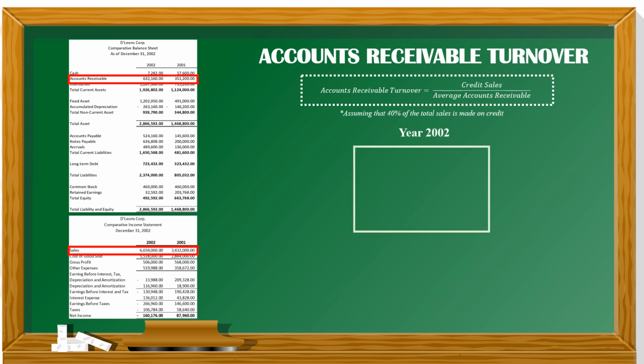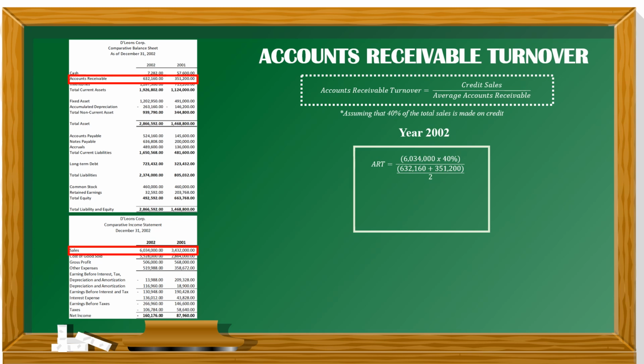Now, we're going to compute the accounts receivable turnover for the year 2002. So here we will first get the 40% of the 6,034,000 total sales in 2002, and then the average accounts receivable, which is the ending balance for 2002 plus the beginning balance for 2002.